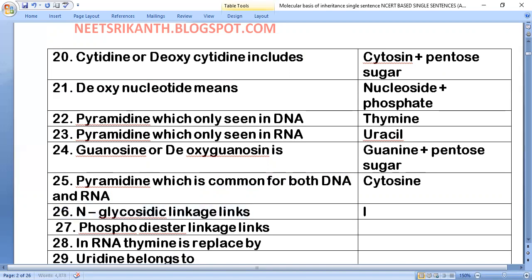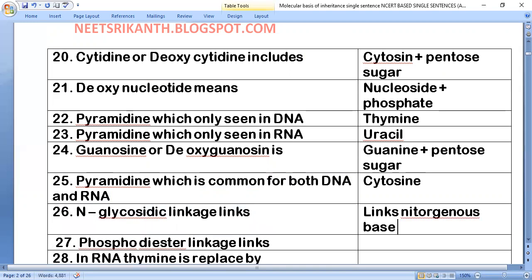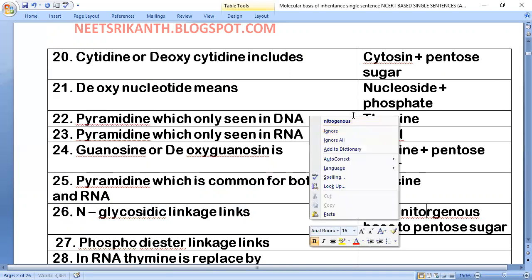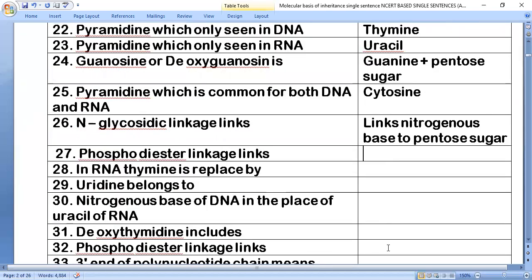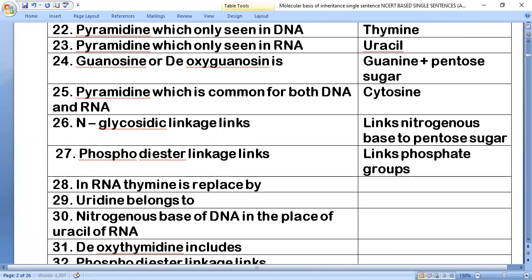N-glycosidic linkage links nitrogenous base to pentose sugar. Phosphodiester linkage links phosphate group to nucleoside.